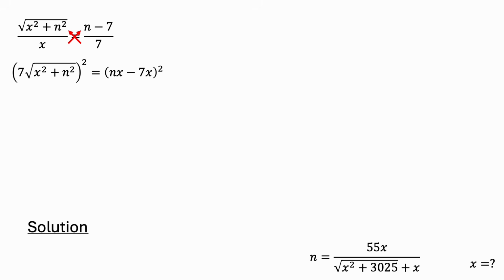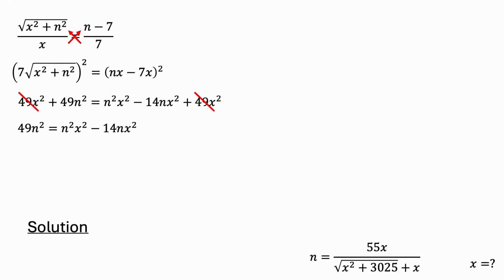Square both sides to obtain 49x squared plus 49n squared equals n squared x squared minus 14nx squared plus 49x squared. 49x squared cancels and we get 49n squared equals n squared x squared minus 14nx squared. Divide both sides by n to obtain 49n equals nx squared minus 14x squared.